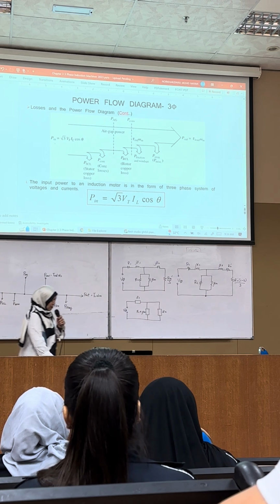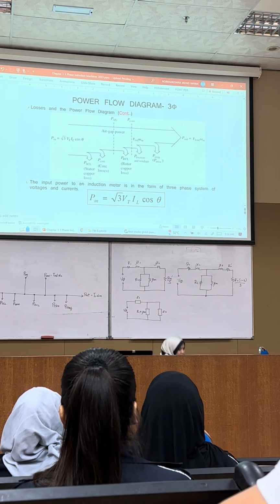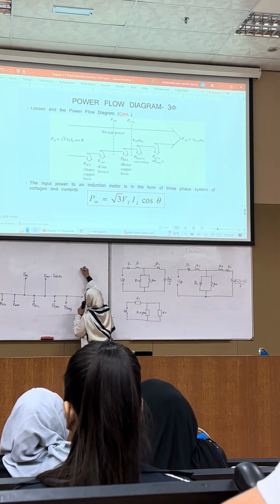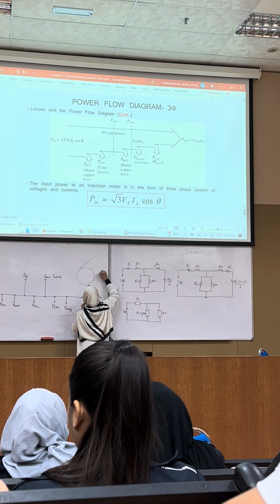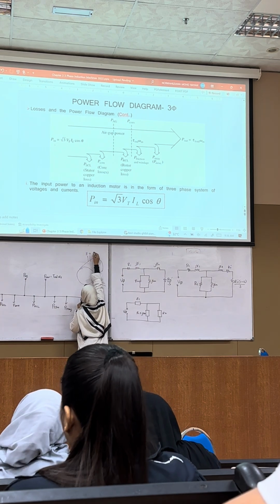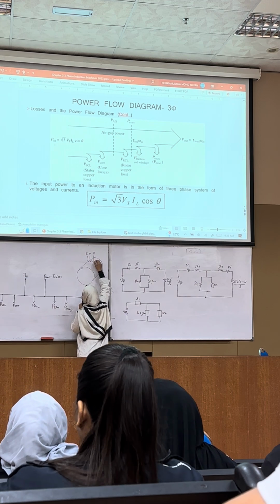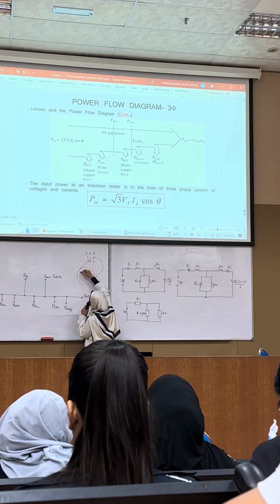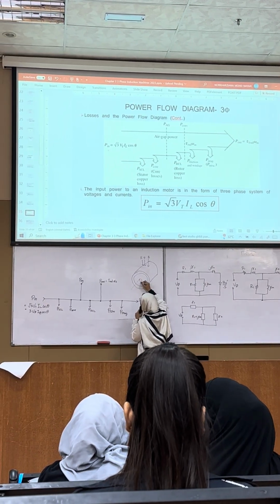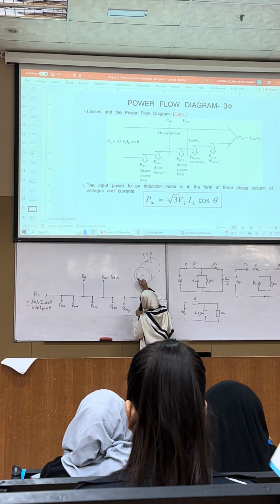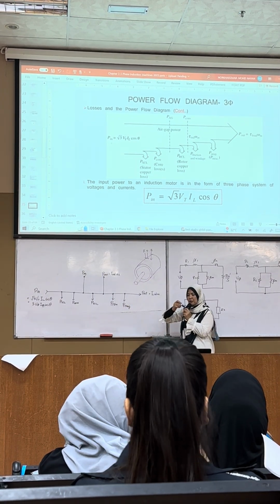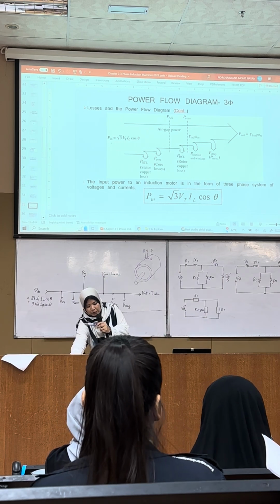Okay, now we are going to go into the power flow of your motor. When you have a motor and you supply the RYB phase, the power will go through the stator first, and only then reach the rotor. That is the path of the power flow.